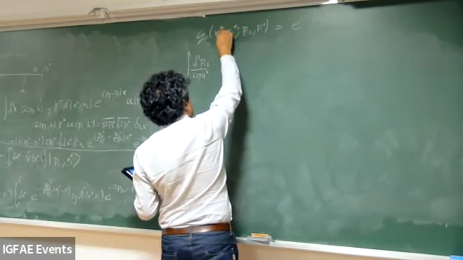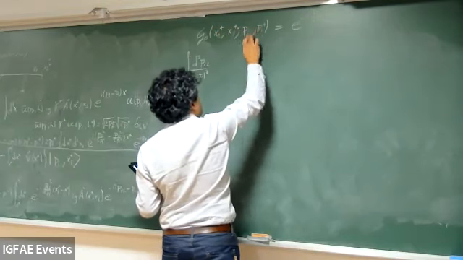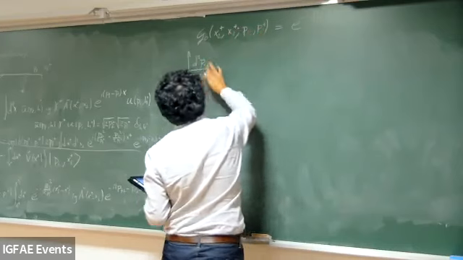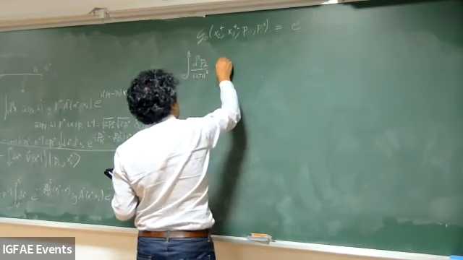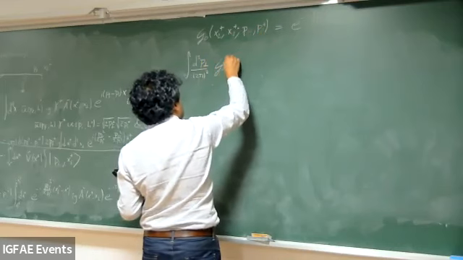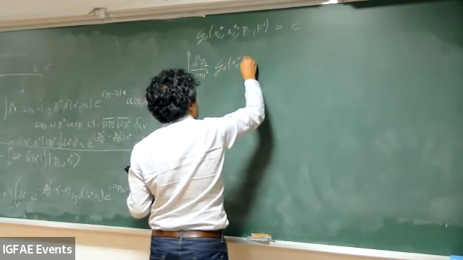Let me call this X2, X1, and just remove these indices. Curve of X1.